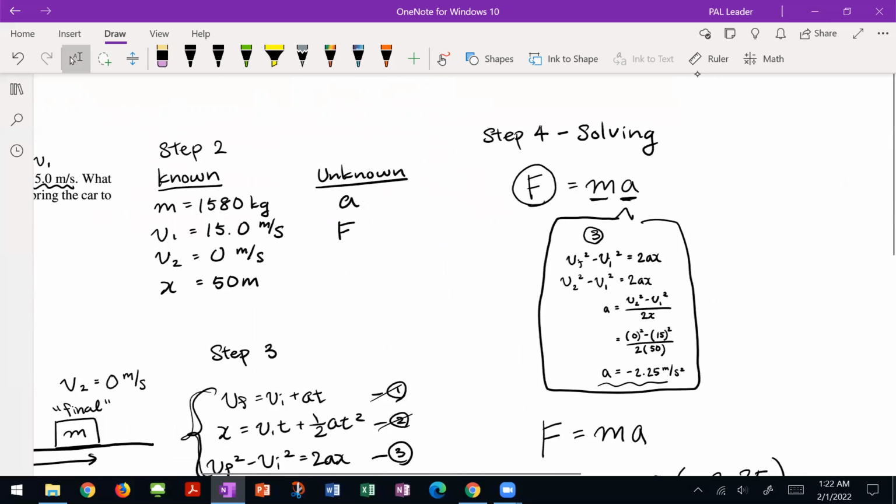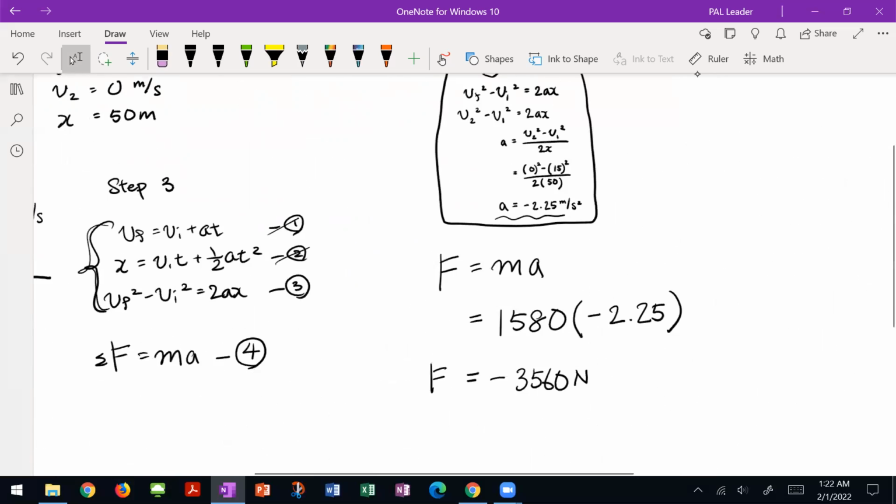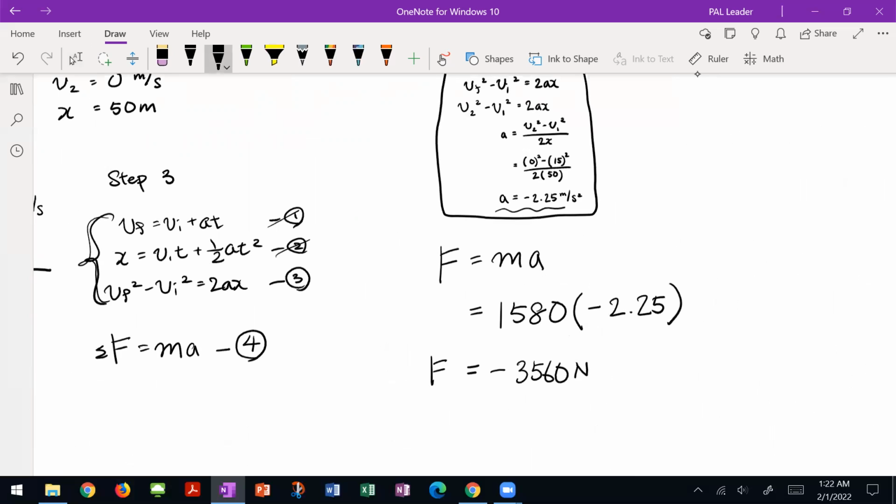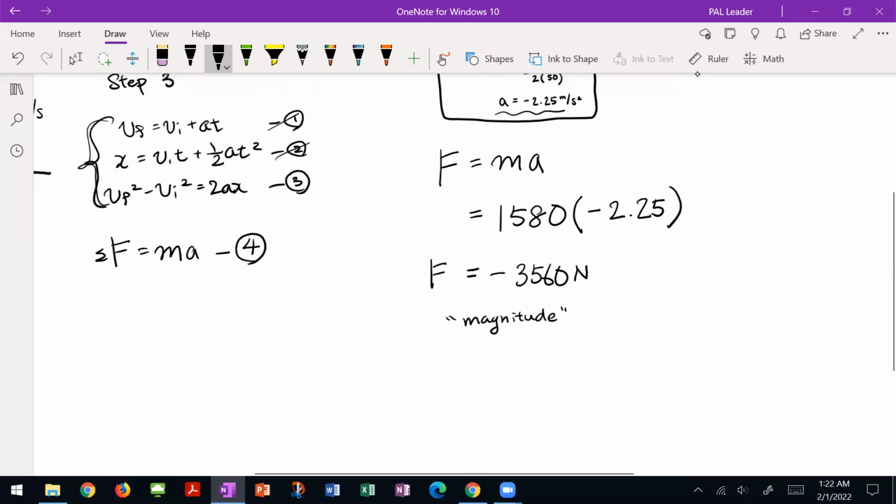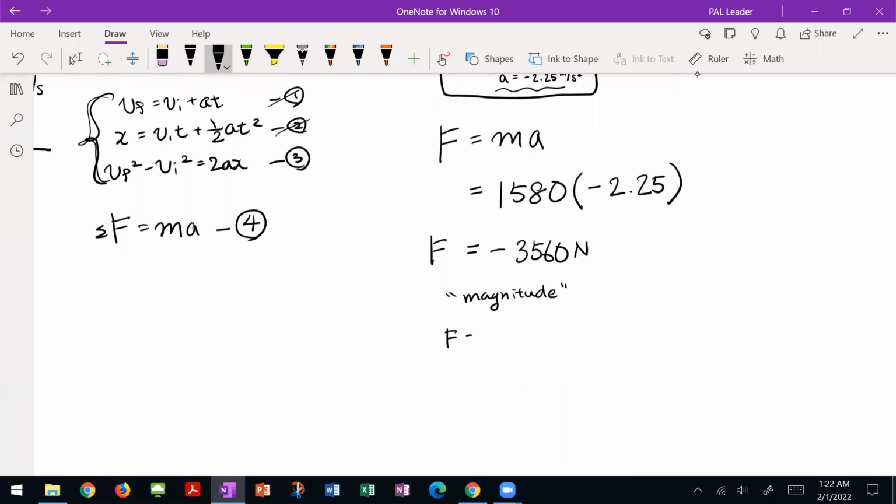Remember, this negative just indicates our direction. So when we're asked for magnitude, just drop the sign. So our final answer should be this.